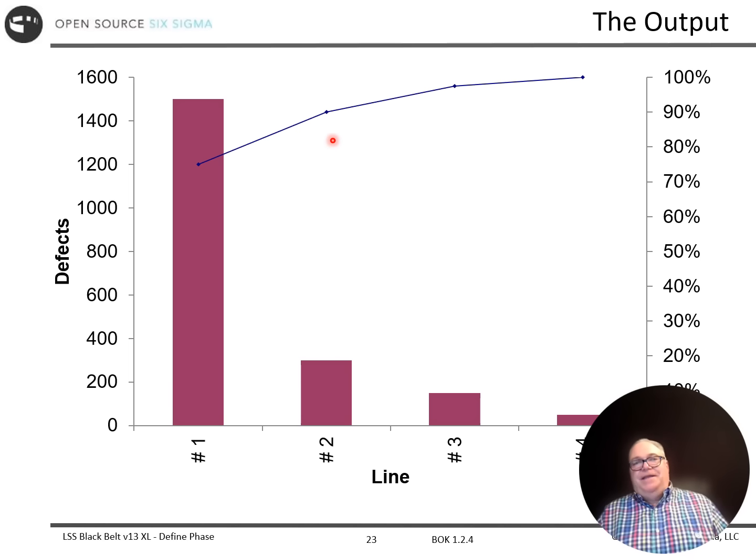We could maybe add in 2, which would get us above 90%. We can ignore production lines 3 and 4 for right now with regard to this particular defect type. So this meets our 80-20 rule. What I would probably do is focus on production line 1, as it has the lion's share of the defects.